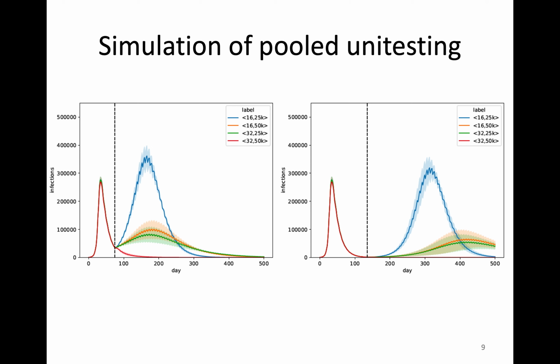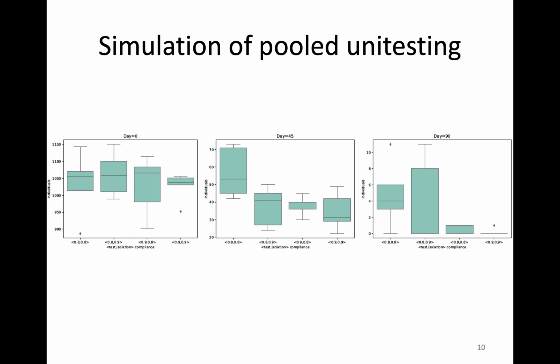That shows us that we can indeed control an epidemic, but interestingly also when we do universal testing when there is still a lockdown going on, so there are stringent measures in place to try to control the epidemic.